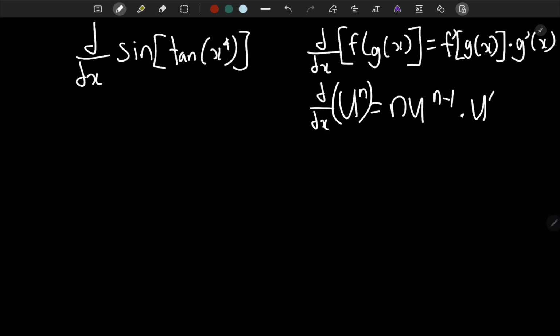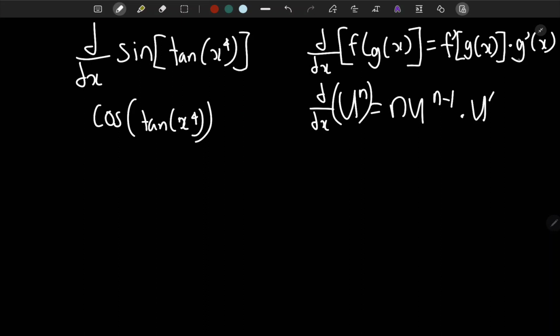So for the next question, we need to use the first formula where we need to derive f first, so sine first. So it's going to be cosine, and the inner part is going to stay the same, so tan x to the power of 4.